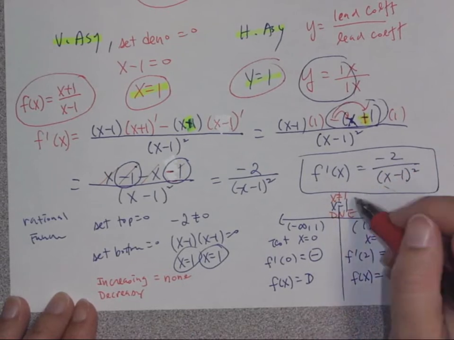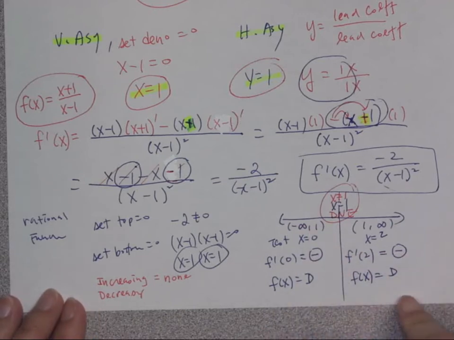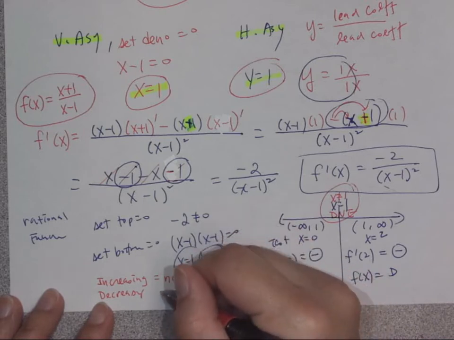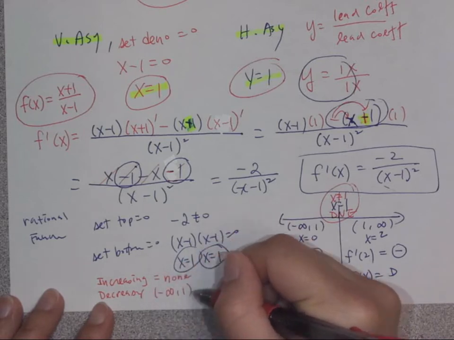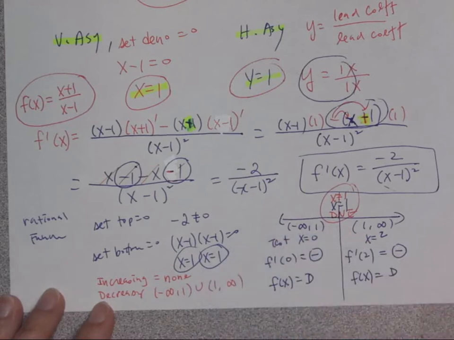Because if x equal to 1, it will make the bottom part equal to 0, right? So decreasing would be negative infinity to 1, but I have to skip 1, go to positive infinity. So decreasing is negative infinity to 1 union 1 to infinity, because this is a rational function.